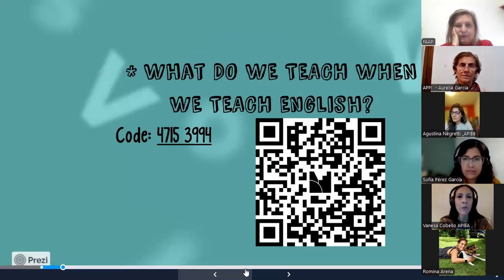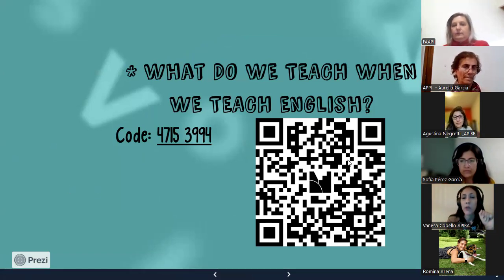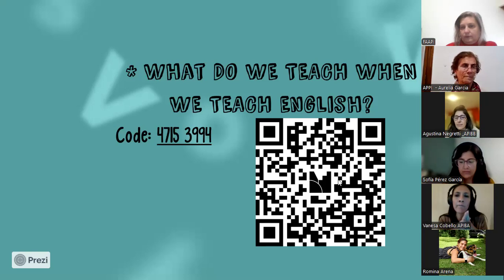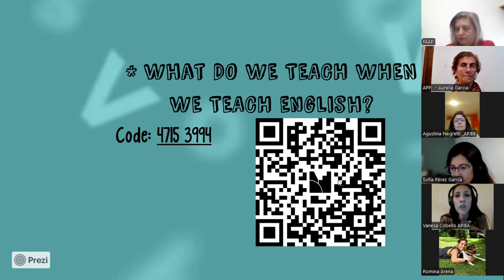To start with, I would like you to scan this code. This is a Mentimeter. The idea is that you can either type the code or scan the QR that you've got here, and answer this question: what do we teach when we teach English?